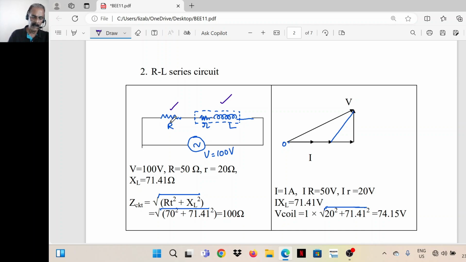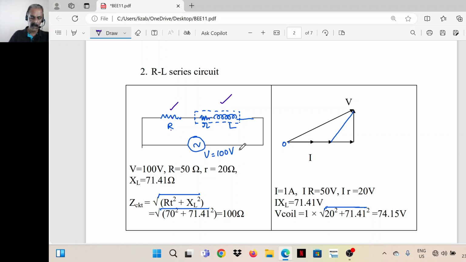There are two resistances here: one is an external resistance, and one is the inherent resistance of the choke coil. The coil has resistance, represented as small r, whereas R is an external resistor. L is the inductance of the coil.